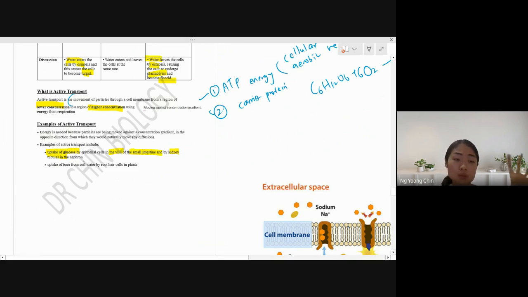So I just want you to know that after you eat the food, the food will be digested by various kinds of enzymes. For foods from carbohydrates, for example, you eat rice, rice contains carbohydrates, actually starch.